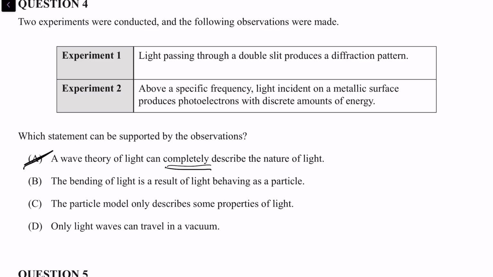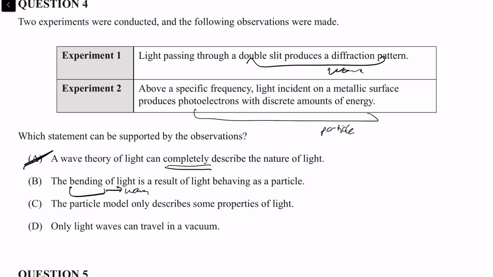The bending of light is a result of light behaving as a particle. Not necessarily, because I think this was the particle model, and then this was the wave model. If light is a particle, then it doesn't necessarily bend, because that's more of a wave property.